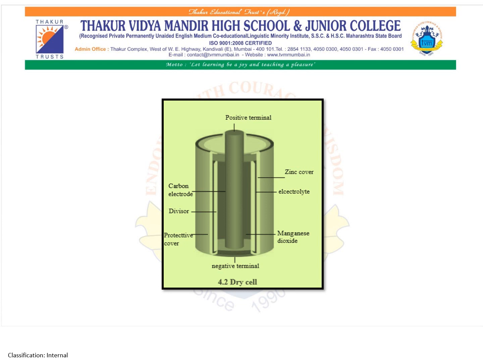Now we are going to study the dry cell. Before I start explaining the working of the dry cell, let's have a look at its diagram, which consists of a positive terminal, negative terminal, carbon electrode, zinc cover, electrolyte, protective cover and manganese dioxide.